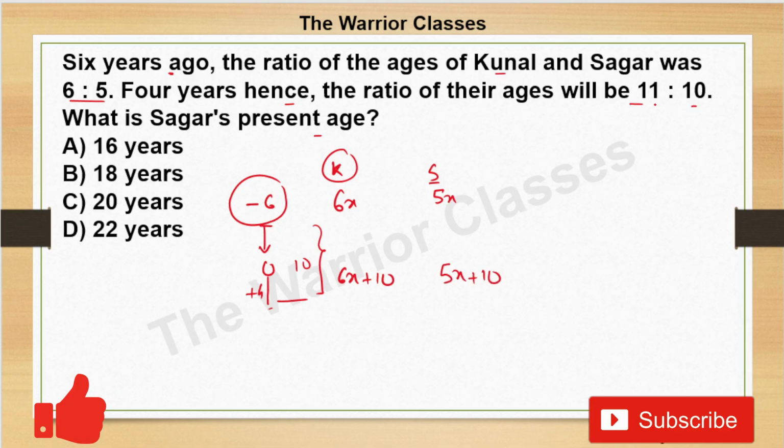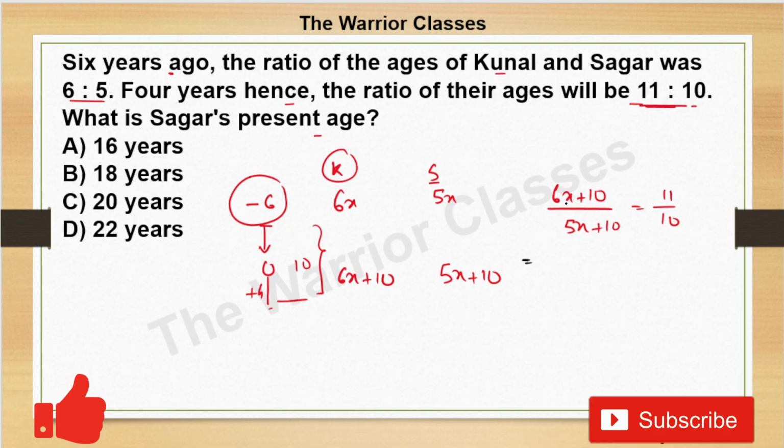And the ratio given after 4 years is 11:10. So we can write (6x plus 10) divided by (5x plus 10) equals 11:10.